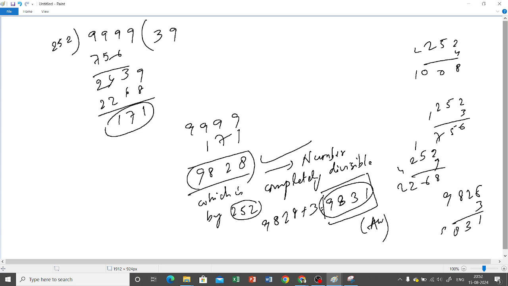Did you understand? Yes, sir. Okay, Supratim? Yes, sir. Shitama? Yes, sir.